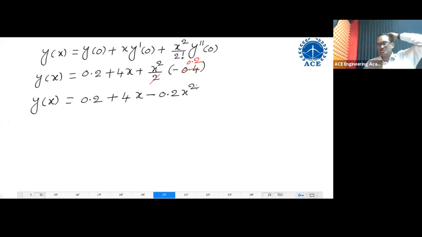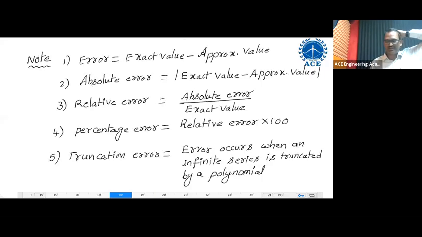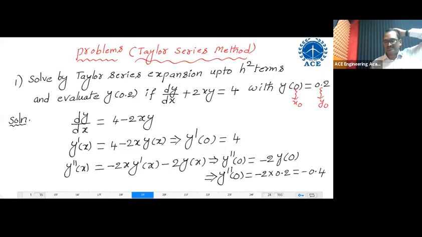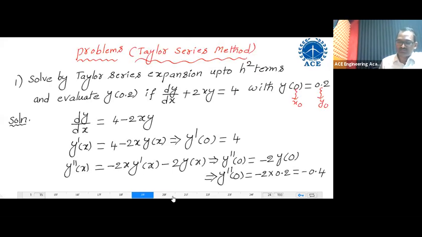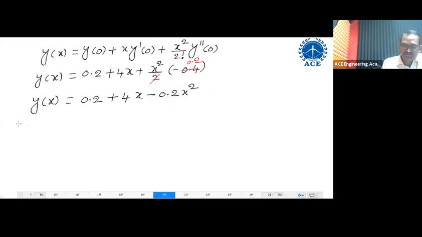This is the solution of the given differential equation. If anybody has a doubt, you can solve the given differential equation and you will get this answer only. But you are asked to find the solution at a particular point: y of 0.2. What is y when x is equal to 0.2?